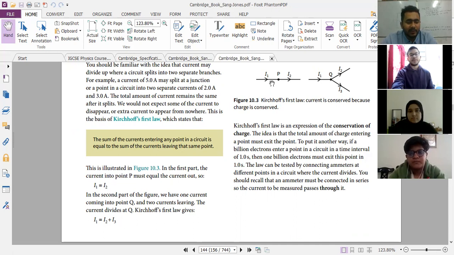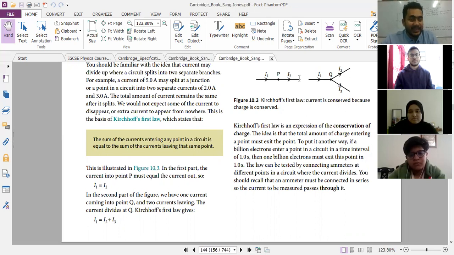But you know that no charge can escape, so we have to acknowledge that the amount of charge coming to P equals the amount of charge leaving P. Thereby it is the consequence of charge conservation, from where we say the amount of current passing towards P equals the amount of current leaving P. So the law is not the consequence of charge conservation as such; rather, it is the current that is conserved.